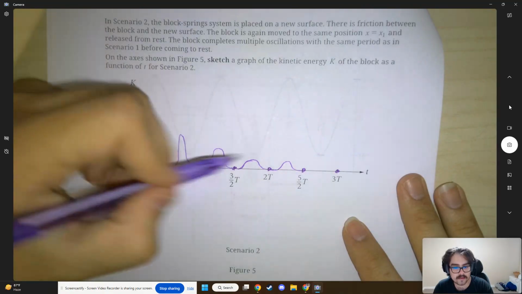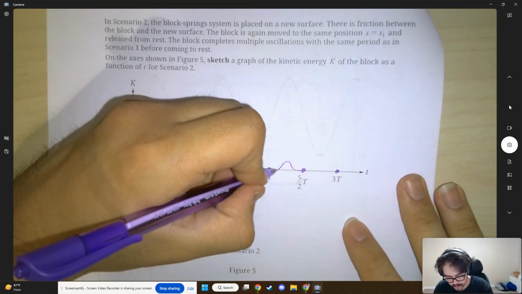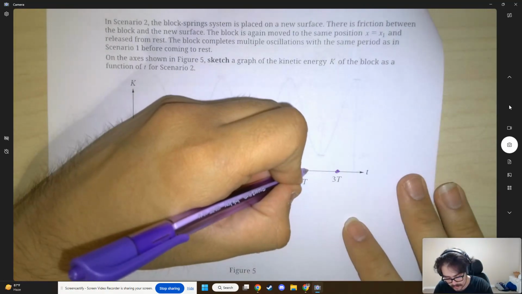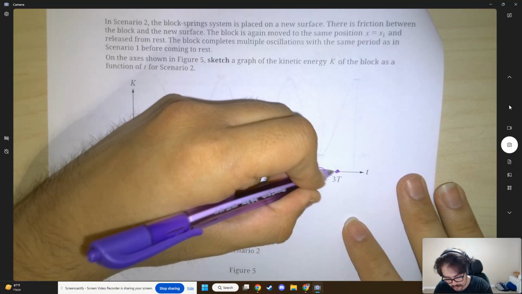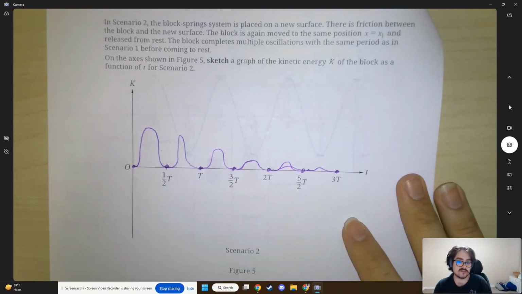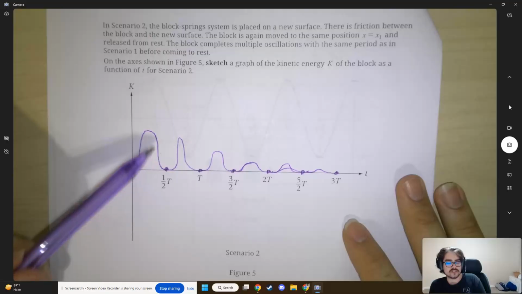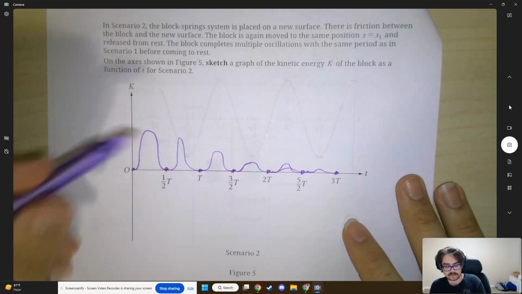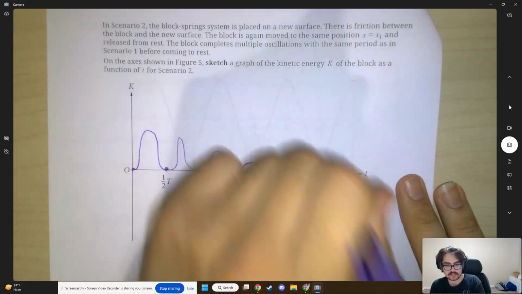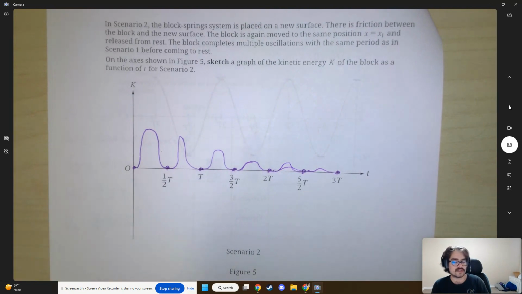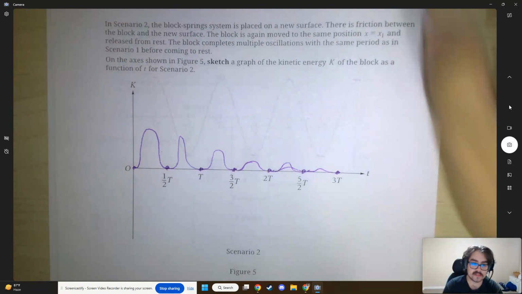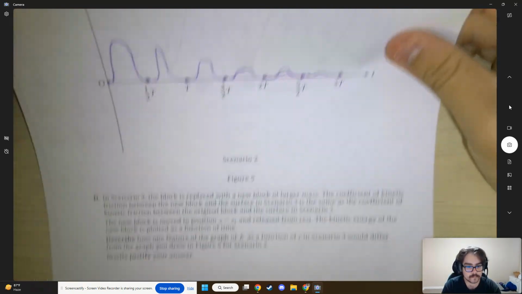Okay. This is probably not perfect. I probably should have made it go a little bit lower than that, but then it ends up being really pathetic towards the end, and eventually it'll stop, right? So the kinetic energy should start out pretty high, and do you notice how it's trending downwards as it goes? The maximums need to decrease in the kinetic energy because it's being damped by the friction.